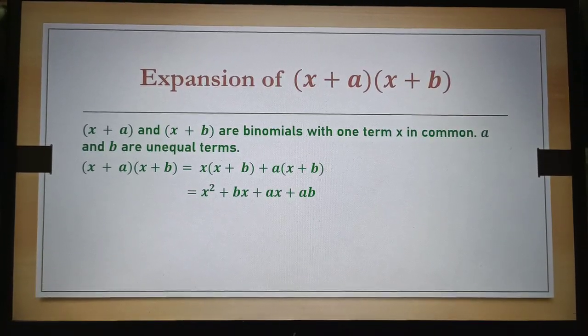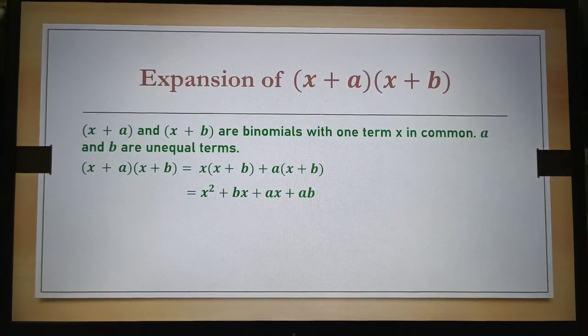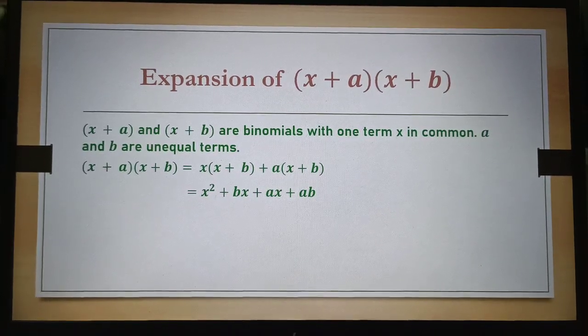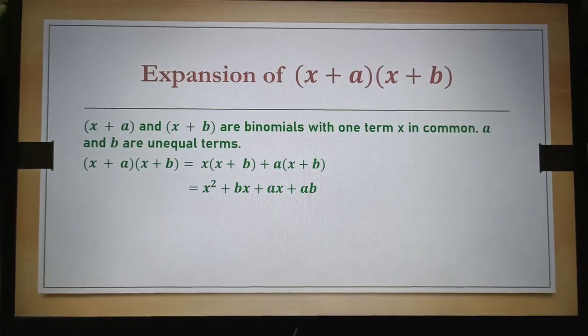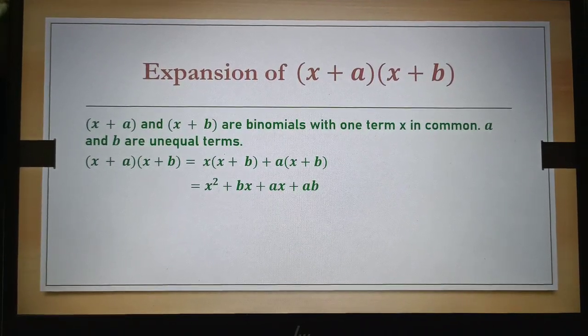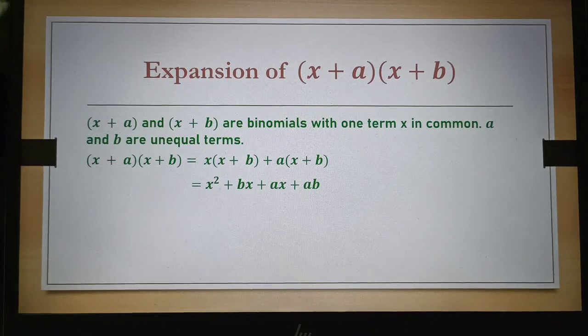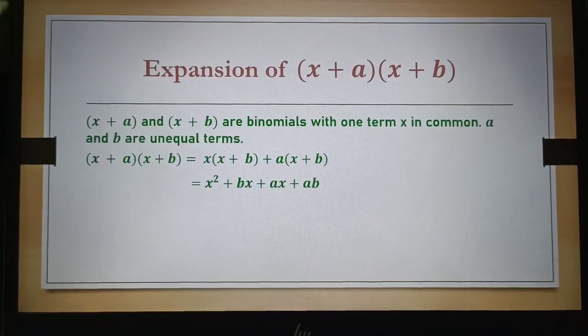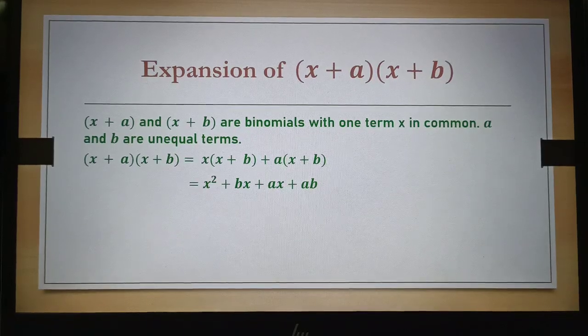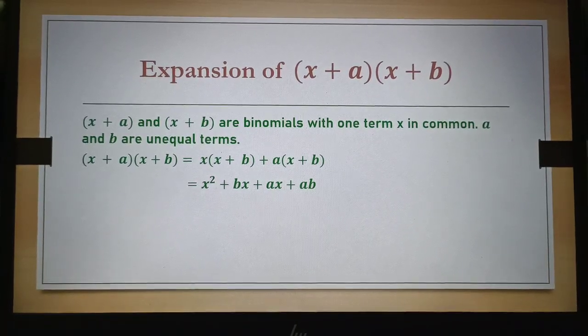Next, here we have to multiply with x. That is x into x, how much? x square. Then we have to multiply x into b. That is bx. Then see the next one, plus sign. After that we have to multiply with a. So a into x is ax. Then a into b is ab.